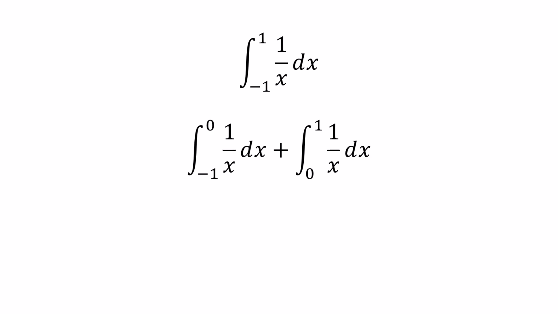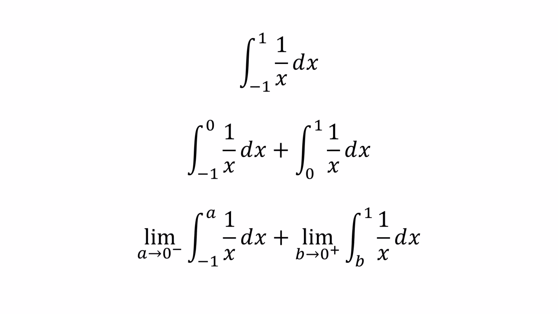Rewriting the integrals in terms of limits, we arrive at the limit as a approaches 0 minus of the integral from -1 to a of 1 over x dx plus the limit as b approaches 0 plus of the integral from b to 1 of 1 over x dx.